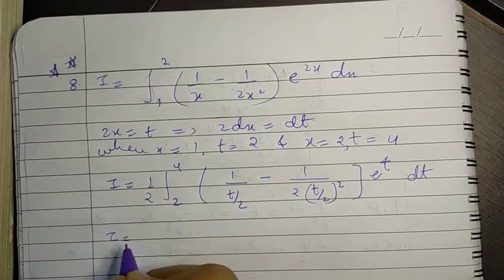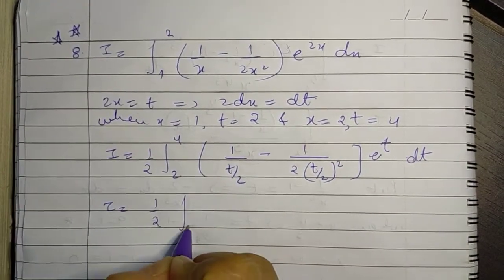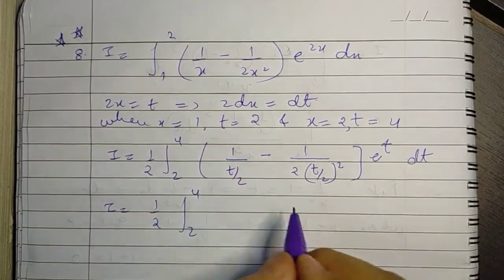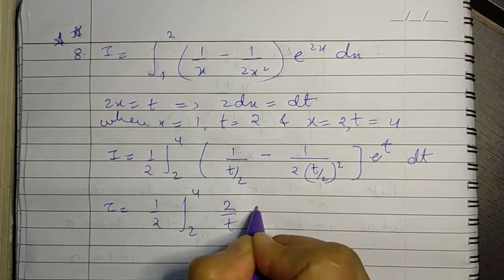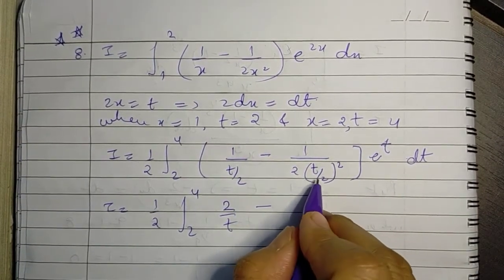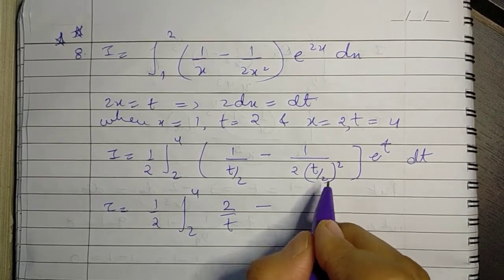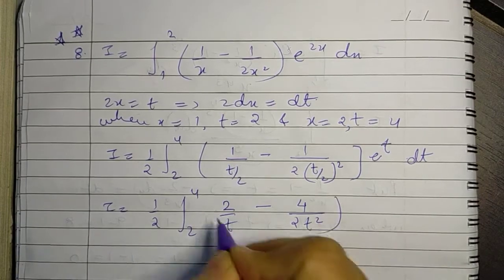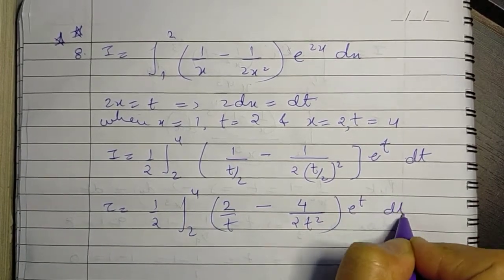Now let's simplify it and write it in a form suitable for us. So what do we get? 1 upon t by 2 can be written as 2 upon t minus t squared upon 4, so it becomes 4 upon 2t squared whole into e raised to the power t dt.